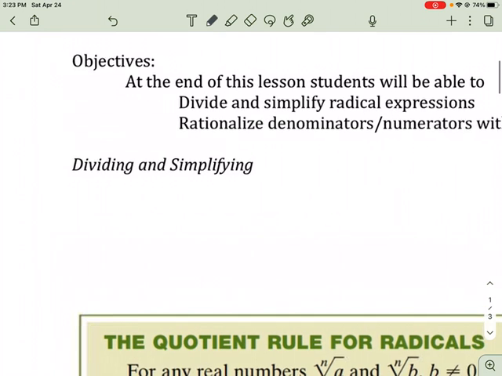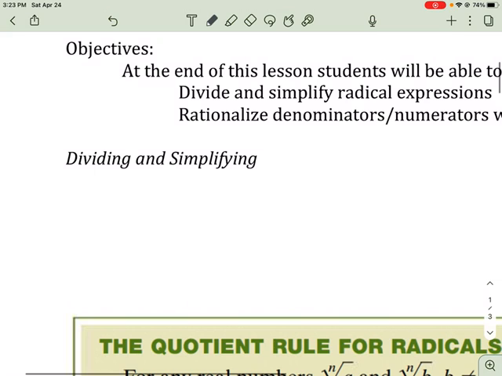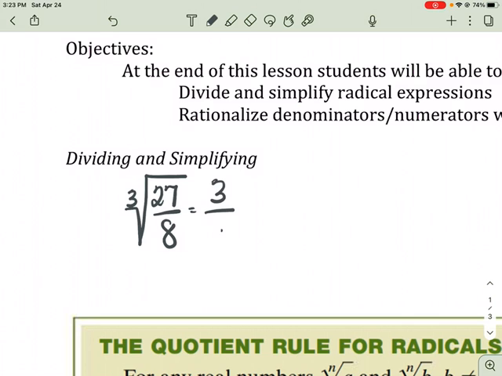So when we're dividing, let's take a look at something here. Let's say we have the cube root of 27 over 8. Well, the cube root of 27 is 3, and the cube root of 8 is 2.